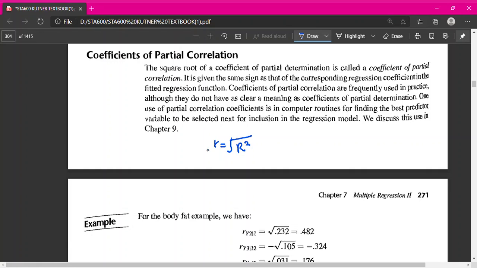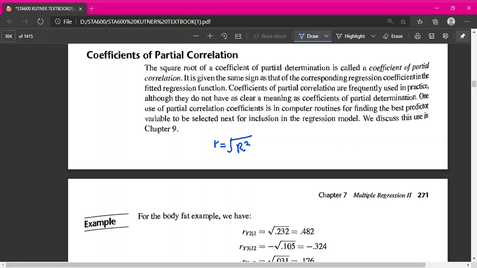Okay, the square root of the coefficient of R square is called the coefficient of partial correlation. It is given the same sign as that for the corresponding regression coefficient in the fitted regression function. Okay, coefficient of the partial correlation are frequently used in practice, although they do not have as clear meaning of the coefficient of partial determination.